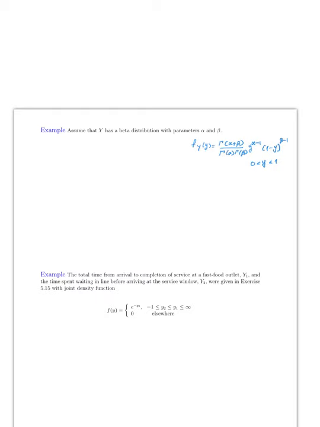Let's say that we're interested in finding the density function of U, which we define as 1 minus y, where y has this density function.